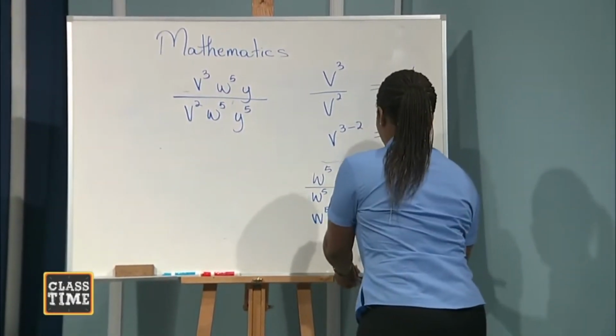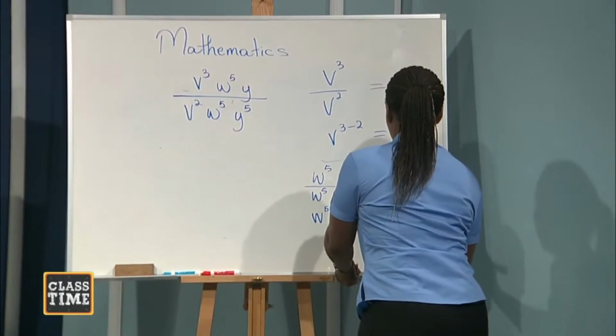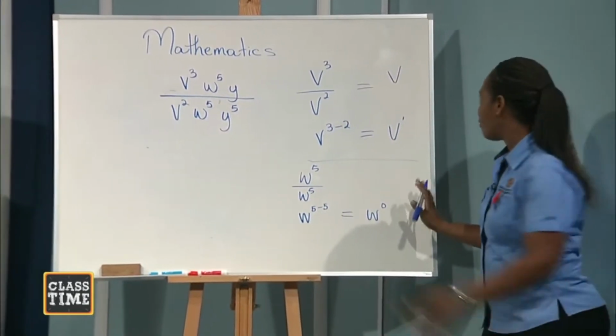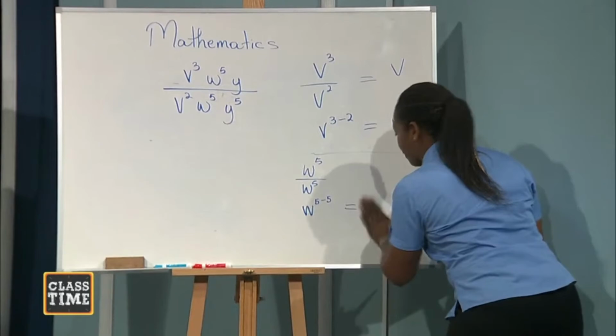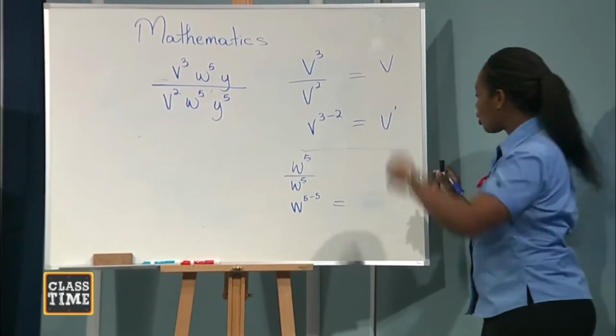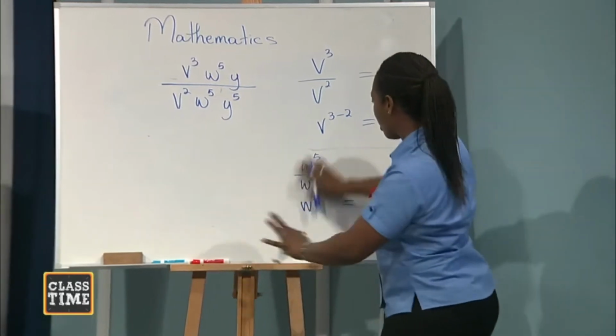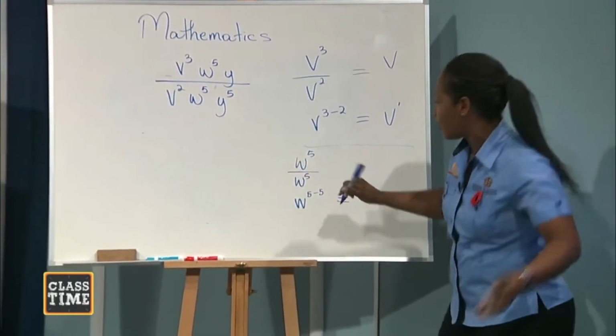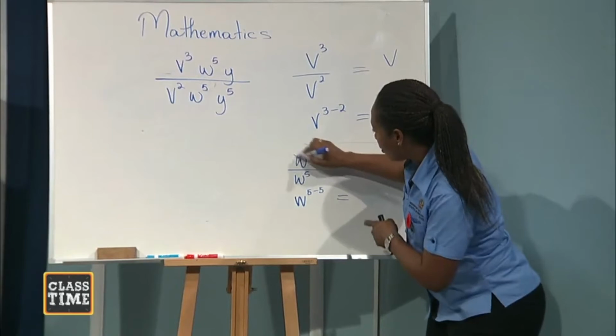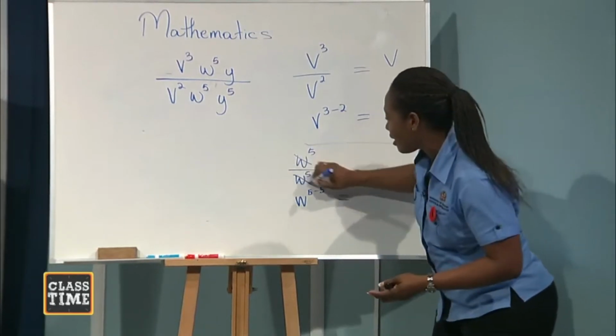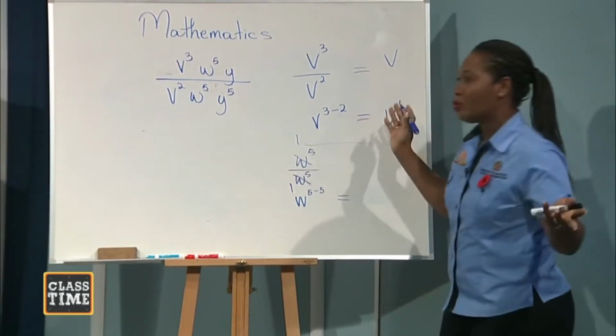And then I would end up with, wow, what is that? I just don't have any w left. I'm sure we're going to talk about that, the 0 power. So we just don't have any w. And as you can see, if you're factorizing w to the 5th power, it pretty much factorizes out each other, leaving 1.